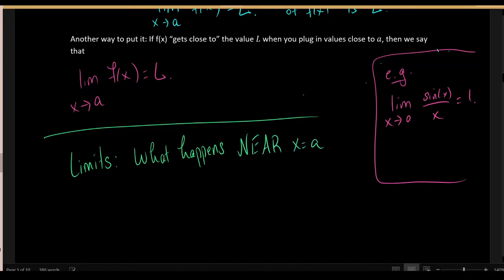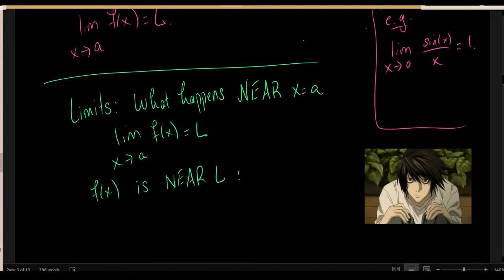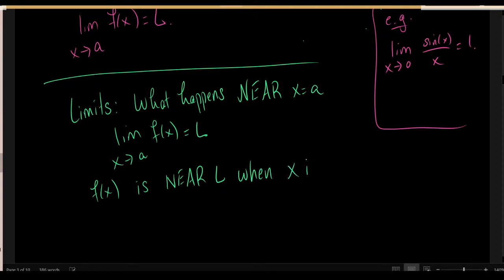If you see the symbols, the limit as x approaches a, f of x equals L, this is saying that f of x is near L when x is near a.